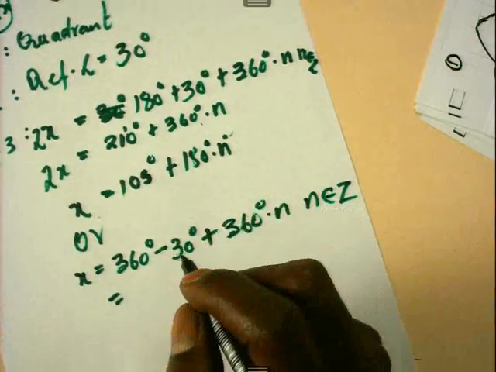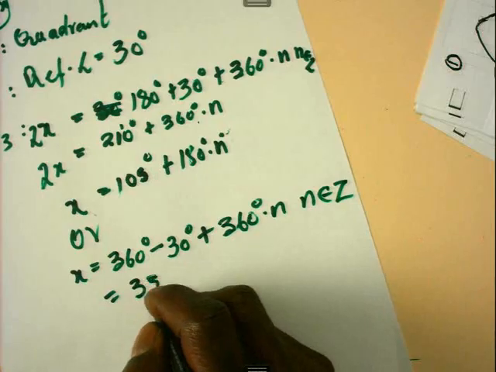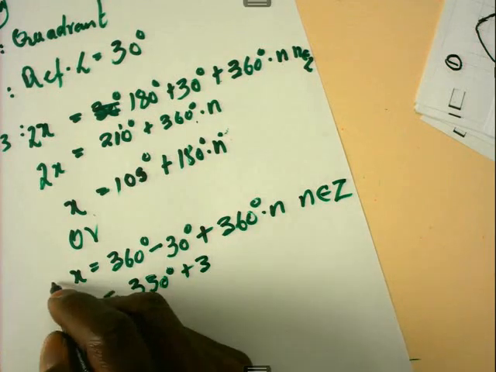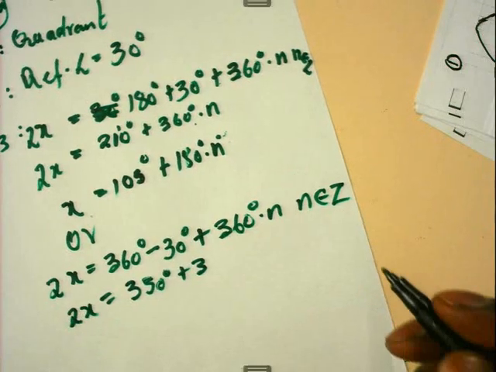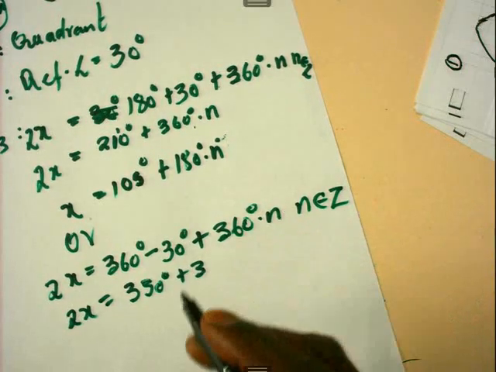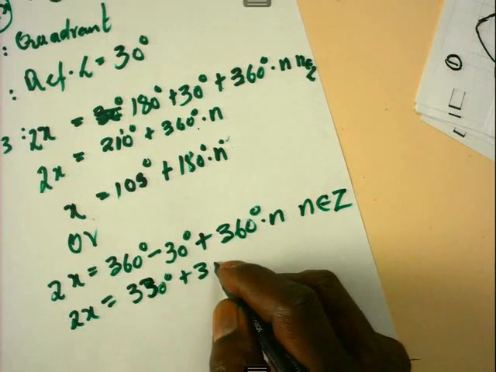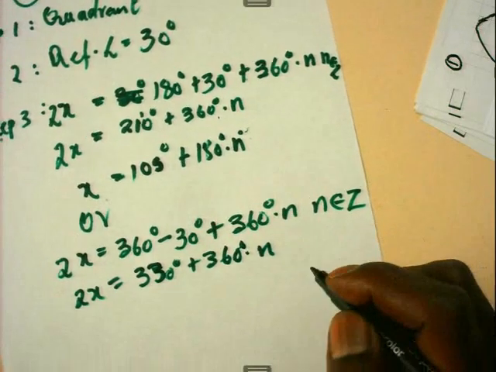If we simplify, 360 minus 30 will be 330 degrees plus 360 degrees times n. Remember, we have 2x there. I nearly made a mistake, forgotten about the 2. So 2x equals 330 plus 360 degrees times n is not yet the solution.